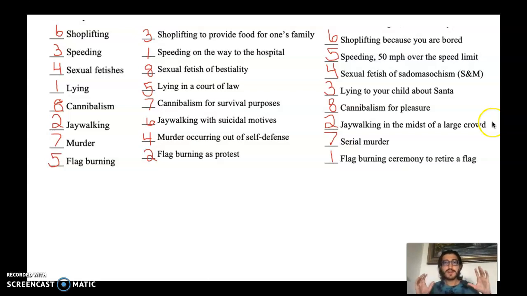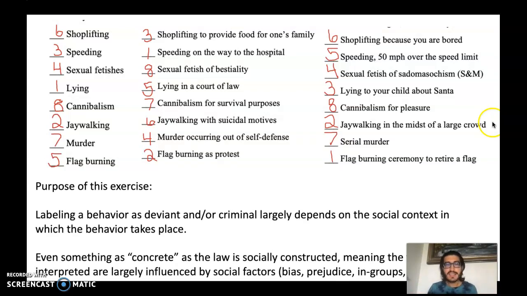So hopefully what you're recognizing as you're working through this exercise and as I'm discussing this now, is that labeling any behavior as deviant or even criminal in some context really depends on the specific context in which the behavior takes place, right? So for example, cannibalism, something that is very taboo in our society, right?